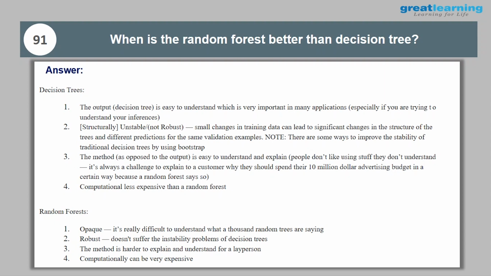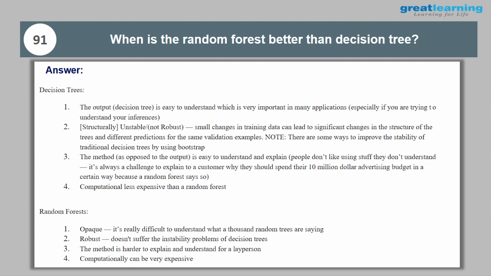Note, there are some ways to improve the stability of traditional decision trees by using the bootstrap method. As opposed to a random forest, the decision tree output is easy to understand and explain. People don't like using stuff they don't understand. It's always a challenge to explain to customers why they should spend their $10 million advertising budget in a certain way because a random forest says so.